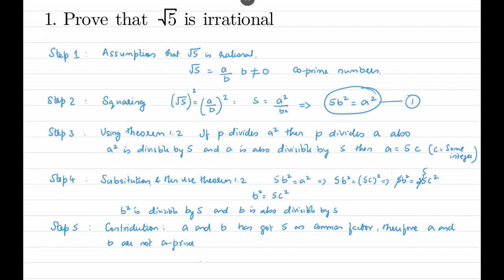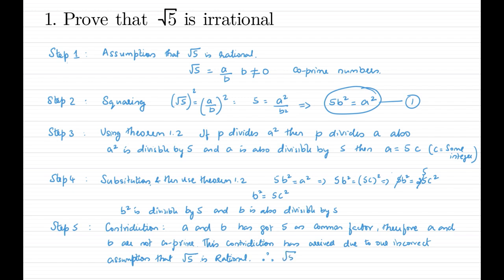So this contradiction has arisen due to our incorrect assumption that root 5 is rational.